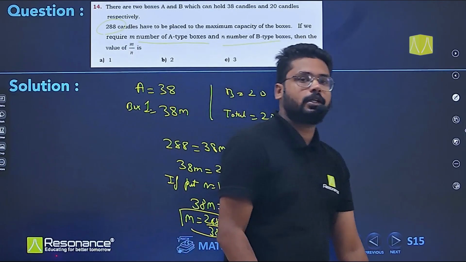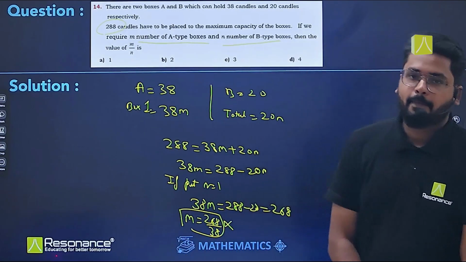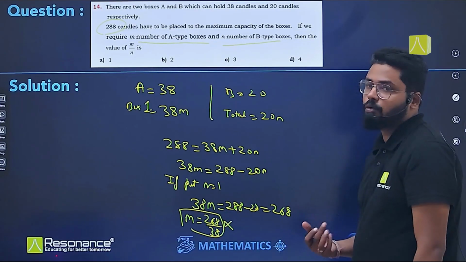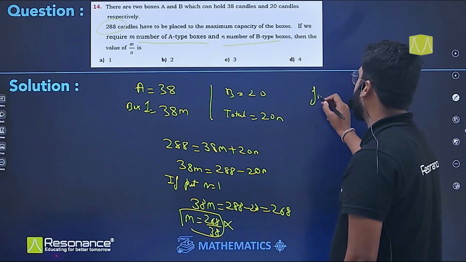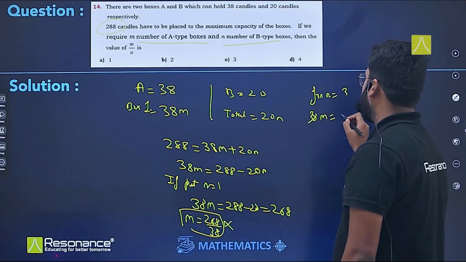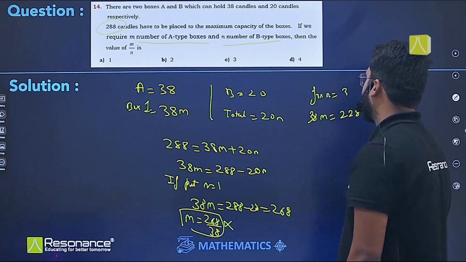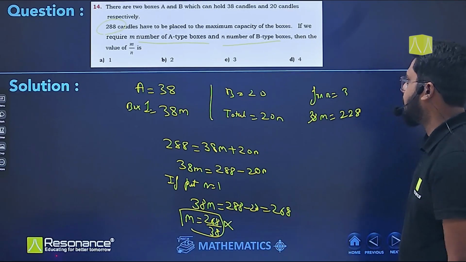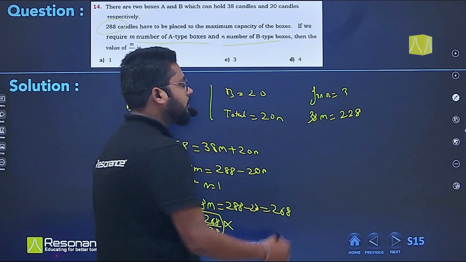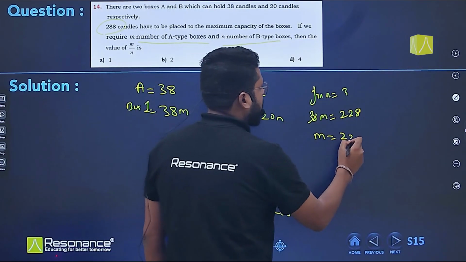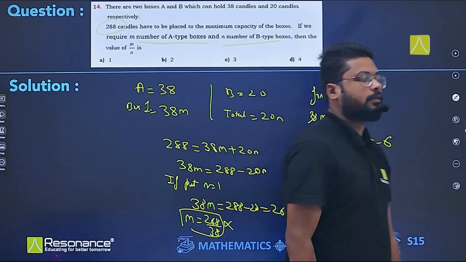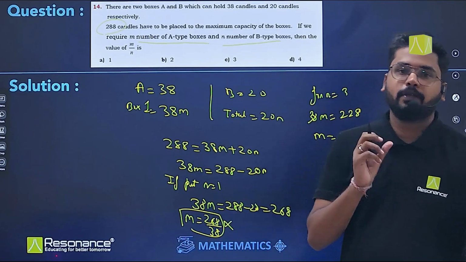Similarly, if you put n equals 2, you will get 248, that is also not divisible. But for n equals 3, 38m will be 228. If you try to divide it by 6, it is exactly divisible. So we are getting an exact value for m.